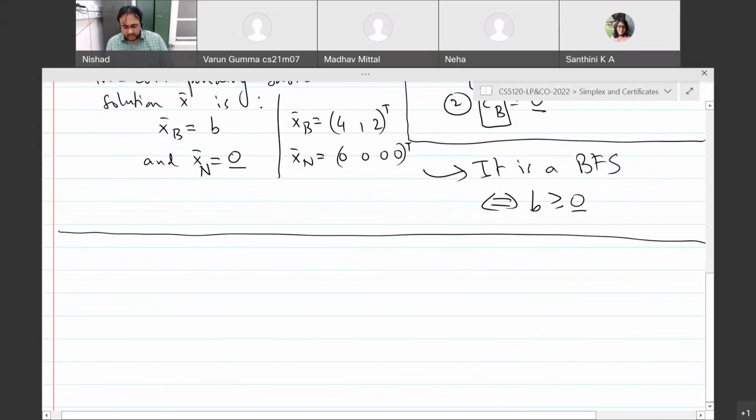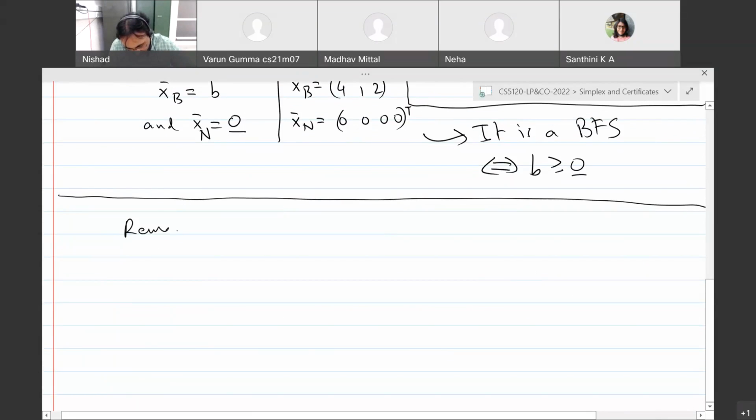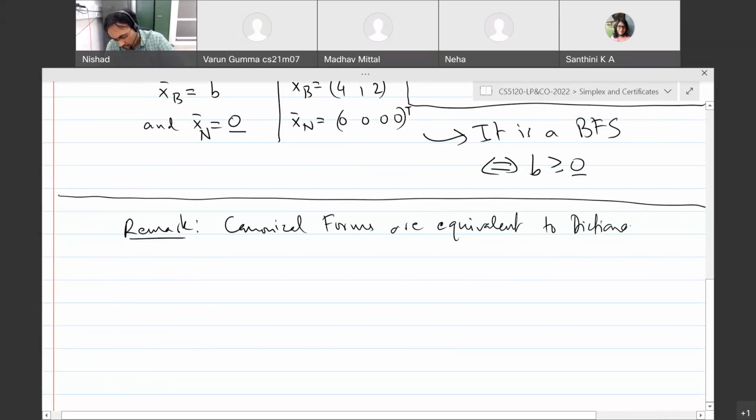Okay, so the main point I want to make is that canonical forms are equivalent to dictionaries, but each of them has its own advantages.